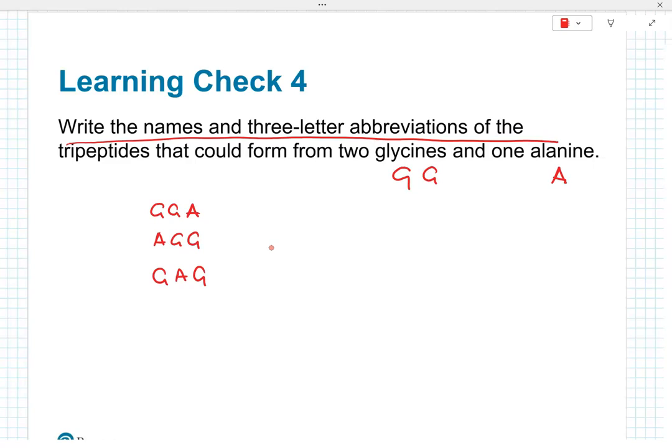Now remember that in this case, the direction matters. So GGA, glycylglycylalanine, isn't the same as AGG, because that is alanylglycylglycine. Does that make sense?